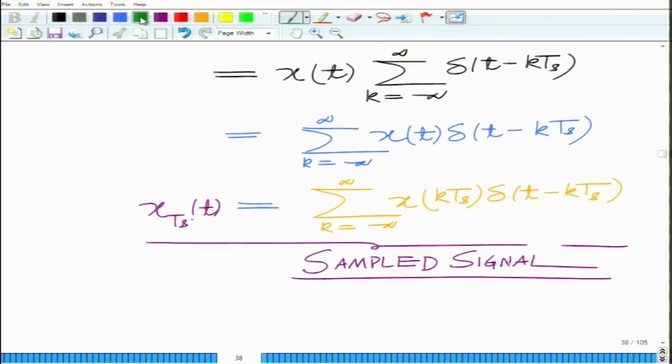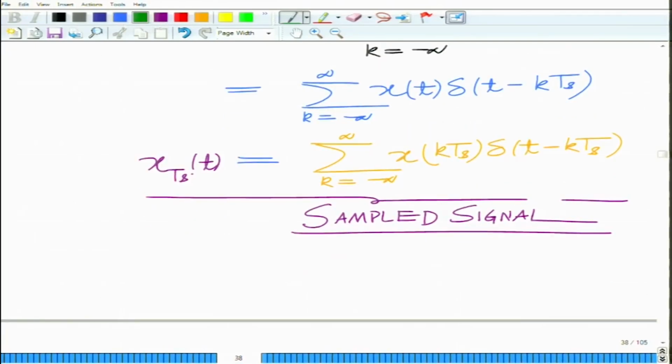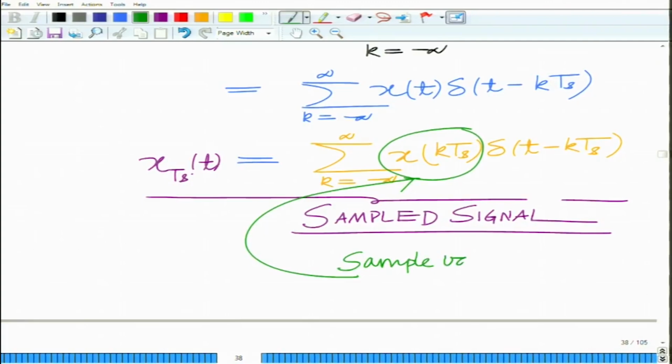And this is basically, you can see, the sample value of the signal at the sampling instant k T s. This is the sample value of the signal at the sampling instant k T s.